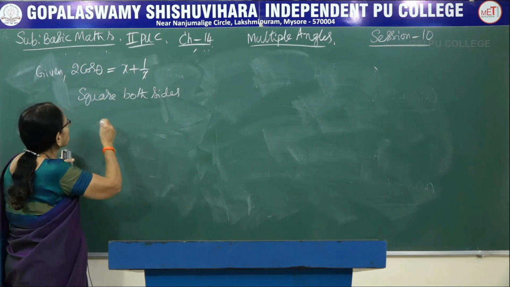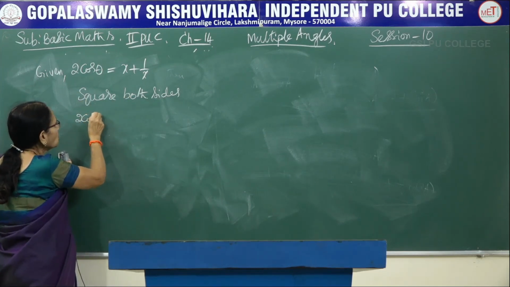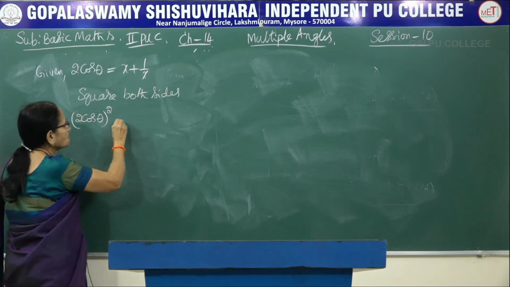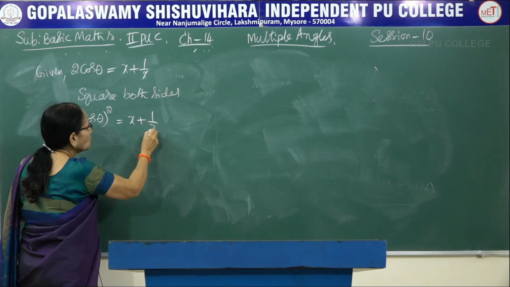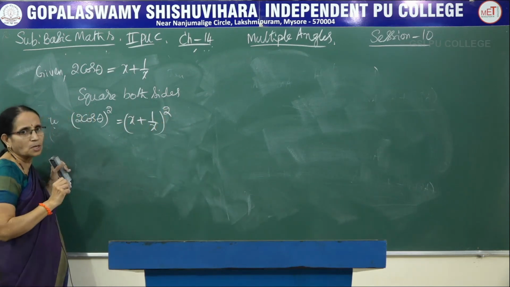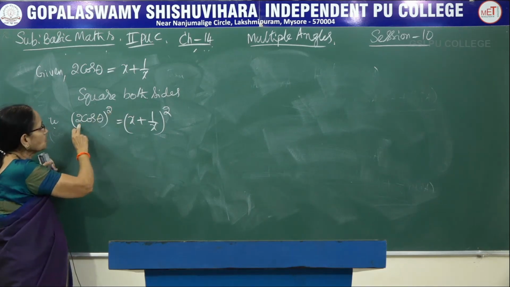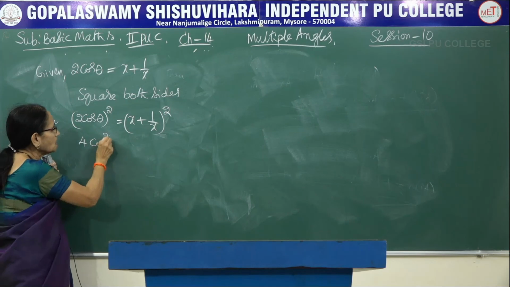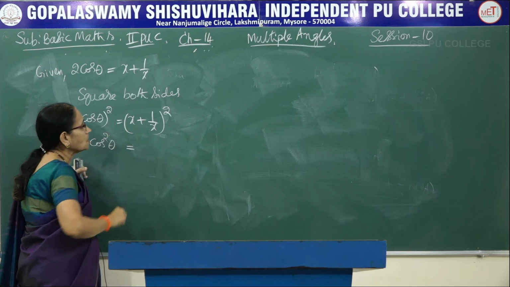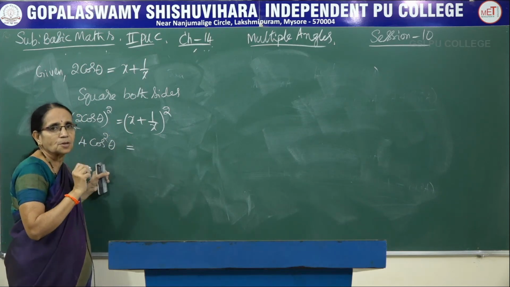Now square both sides means it is 2 cos theta the whole square. Right hand side x plus 1 by x the whole square. Left hand side we had only one term. So 2 cos theta whole square, 2 square becomes 4, cos theta whole square becomes cos square theta. So left hand side no problem. Look at the right hand side. Which formula does it resemble?